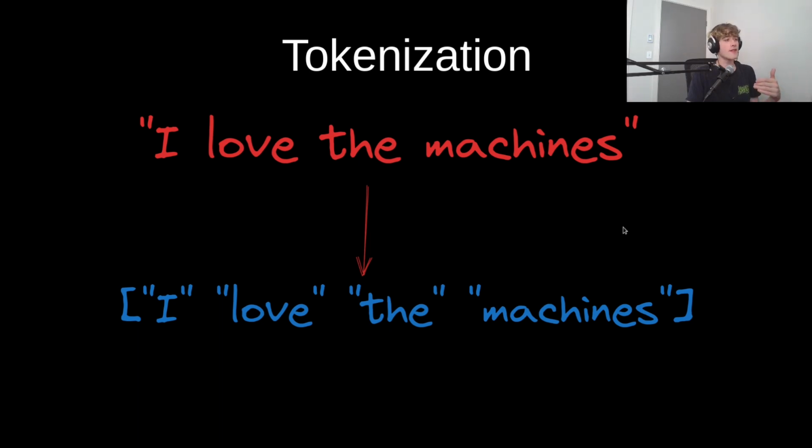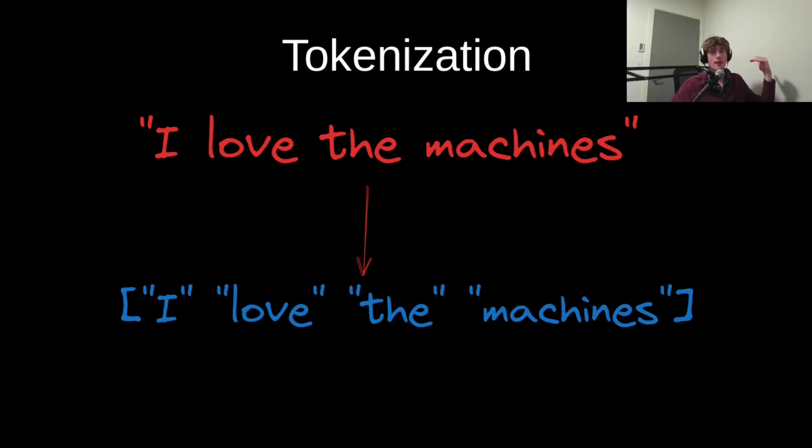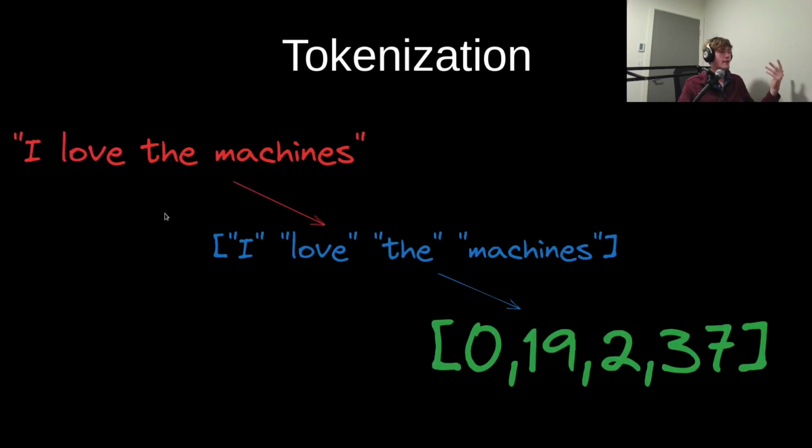Alright, so once we convert it into each individual word itself, we're going to go through and construct a vocabulary. To construct this vocabulary, we basically need to go through our entire text input, find each unique word, and assign it some kind of individual index or number. So for instance, "I love the machines" can become 0, 19, 2, 37.